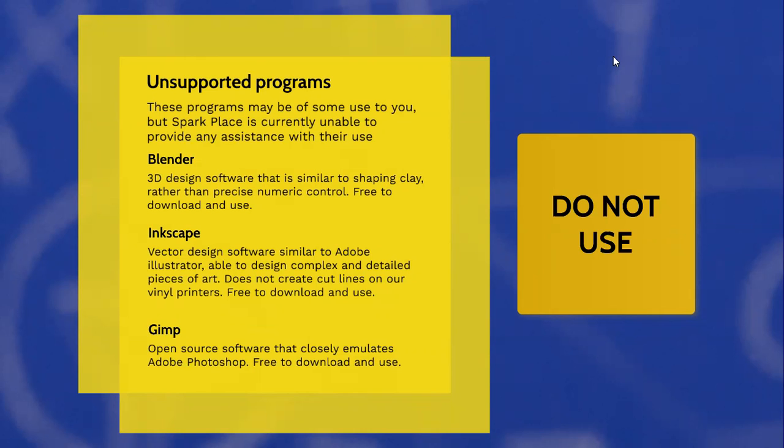After that is Inkscape, which is vector design software similar to Adobe Illustrator. You can create very complex and detailed pieces of art inside of this software. We simply don't use it here because it's similar to Adobe Illustrator, but it is not the same. So a lot of small things like shortcuts and where things are located in menus are very different between these two pieces of software.